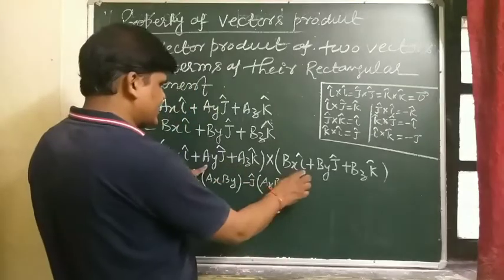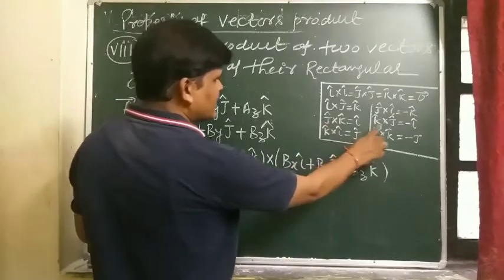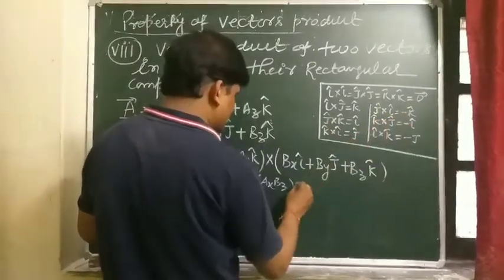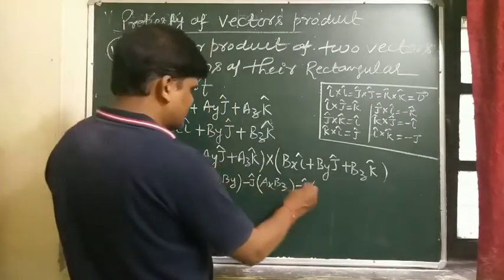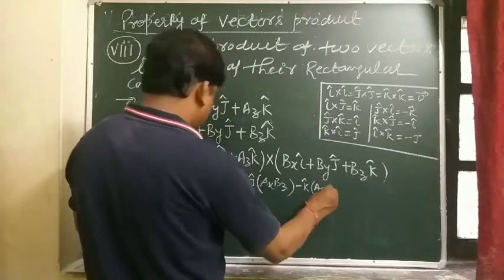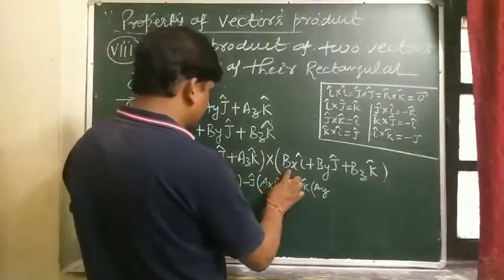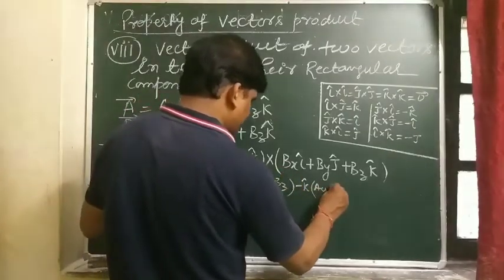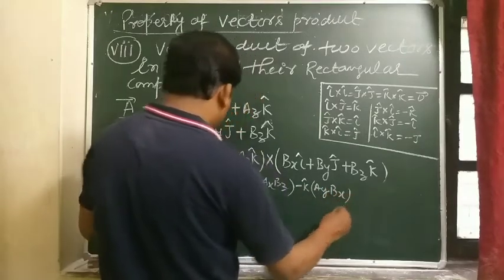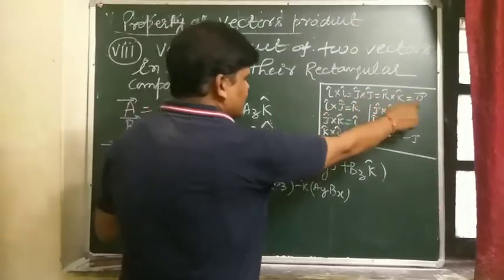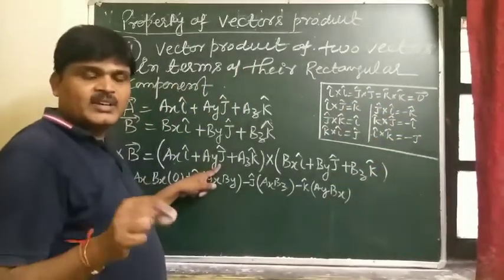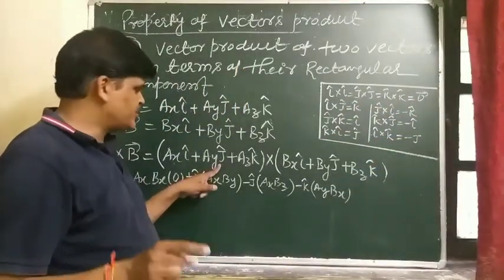Now Ay j multiplied by Bx i cap, By j cap plus Bz k cap. Here j cross i is minus k, so we write minus k, Ay Bx. Next, j cross j is a null vector, and its magnitude is 0.